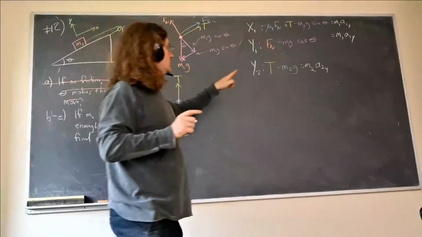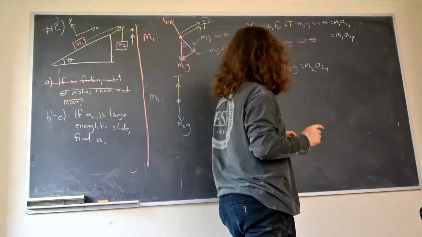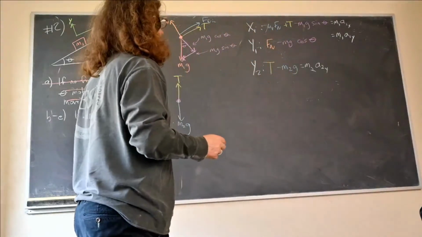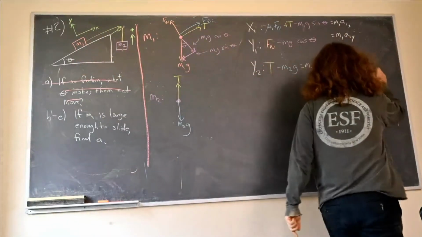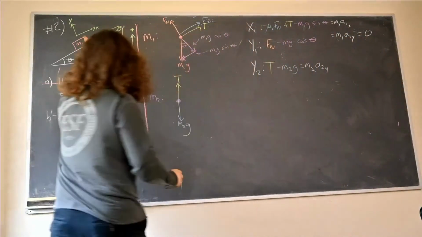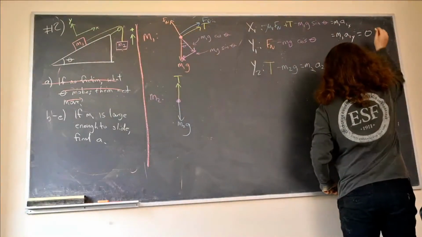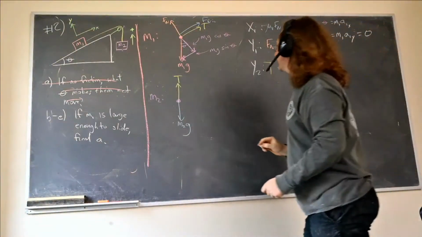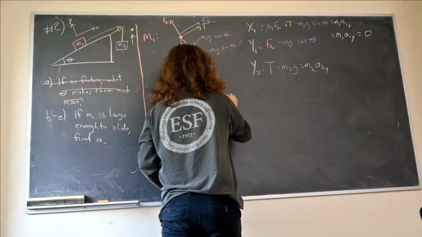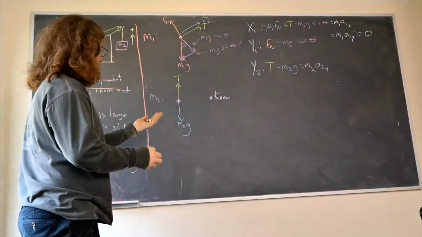So the same sort of algebra is going to happen, except now I need the normal force. Let me think about my accelerations and how they relate. I know a1y is 0 because there's no acceleration perpendicular to the ramp. That's why we rotate our coordinate system. But these two are related. If this goes up the ramp, that goes down.